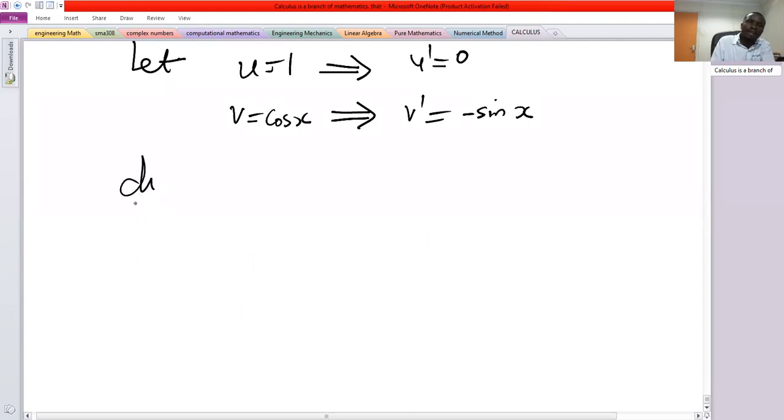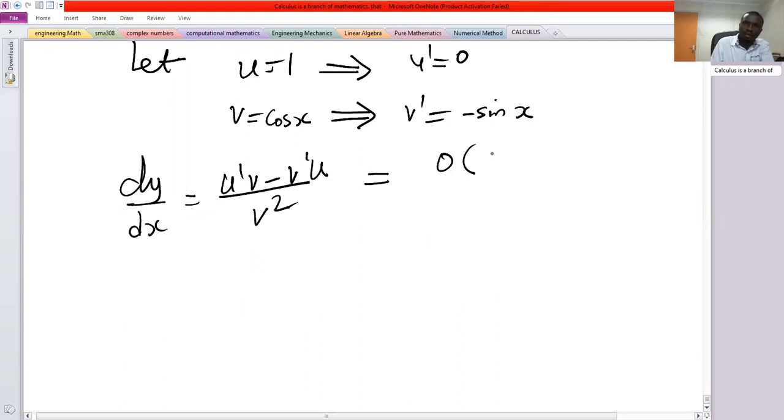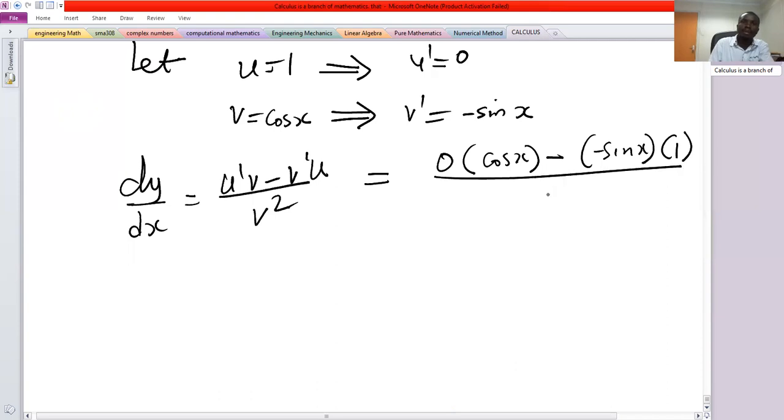Now dy dx is given by u prime v minus v prime u over v squared, which will be 0 times cos x minus v prime, which is minus sin x, and then u is 1, and then v is cos x, and then we square.